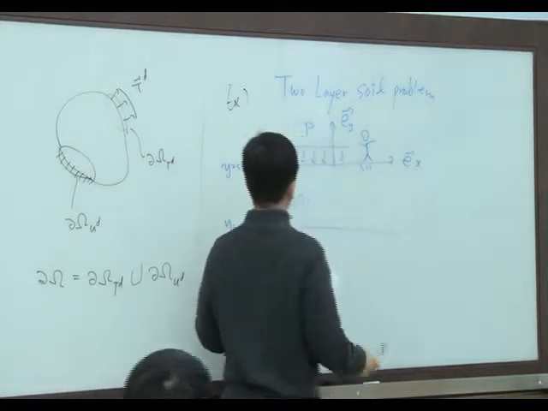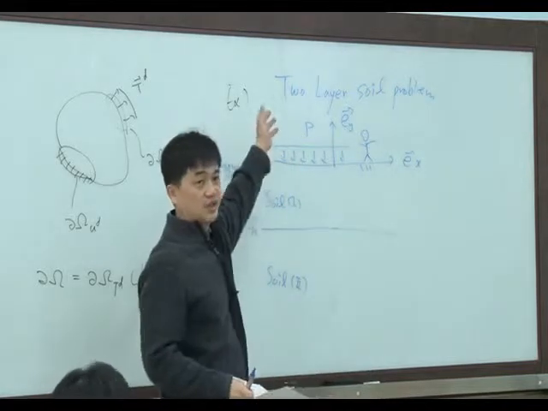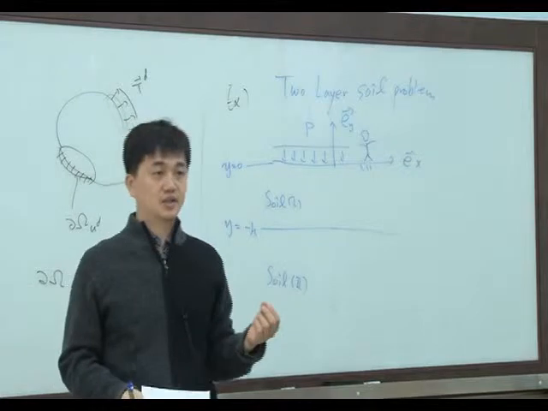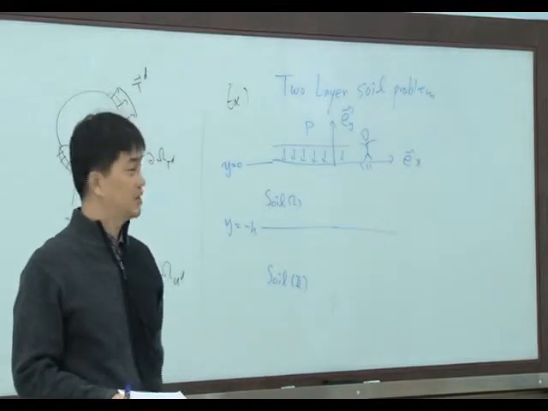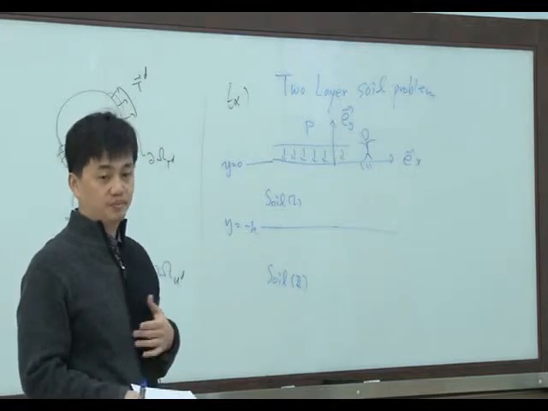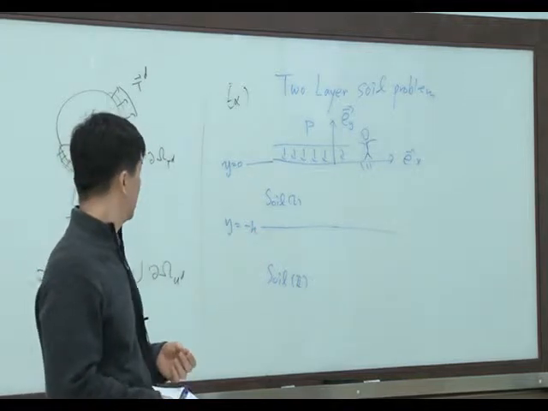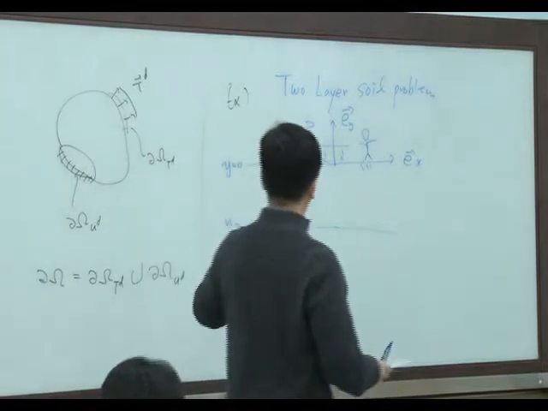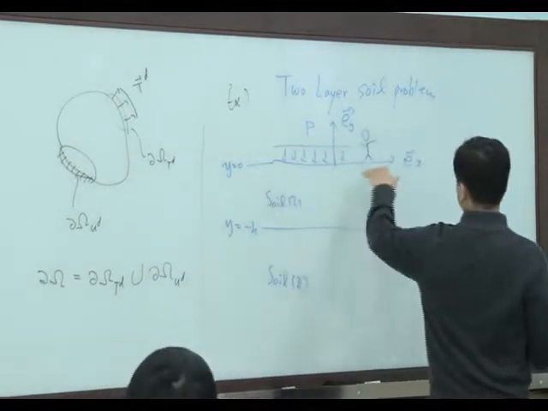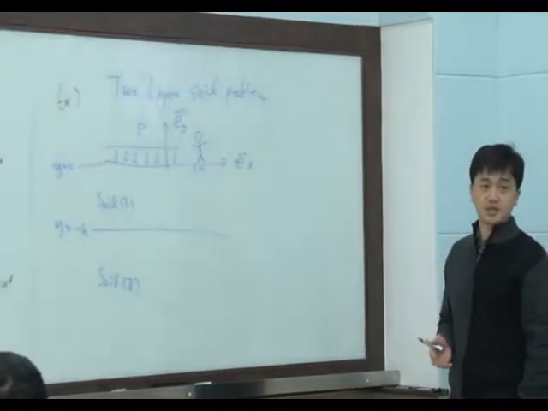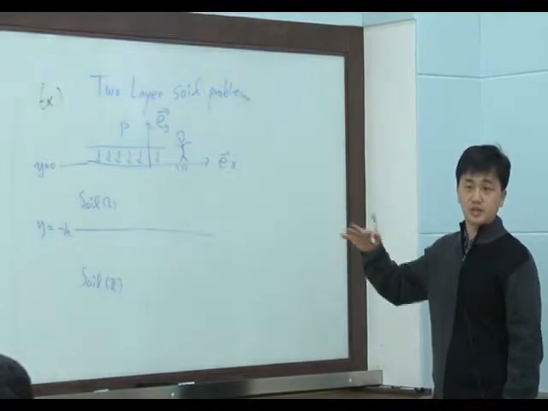You can think that P would be the air pressure, or you put some mass on the surface of the soil. Then that mass can give some uniform pressure.